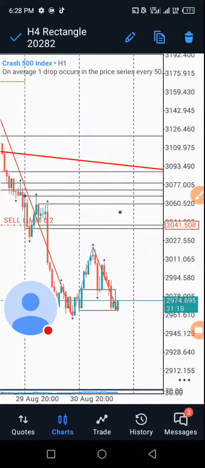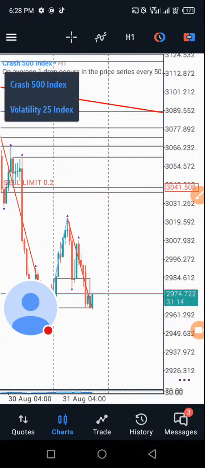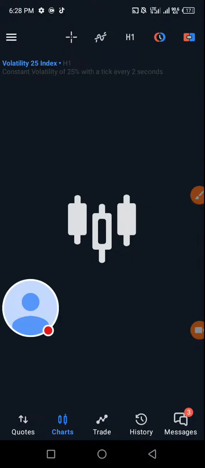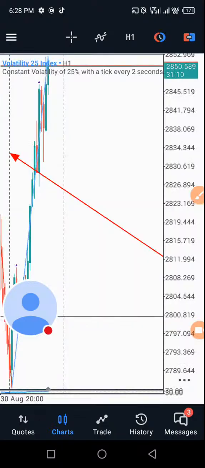I've put a limit here on crash 500. I'm just going to be looking at crash 500 and VIX 25. So we can use these ideas.